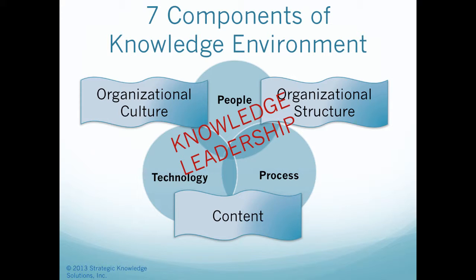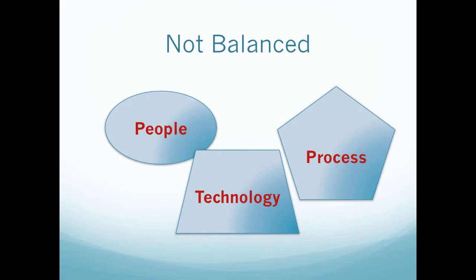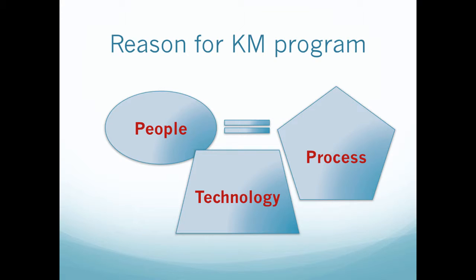The other thing that's different about our model is people, processes, and technology are not all the same size. They're not exactly balanced. This has been one of the problems in trying to execute and initiate a lot of KM programs, is people trying to keep these in equal balance. It just never works. So you've got to think of those 3 circles in the middle, the people, the process, and technology, as very elastic.